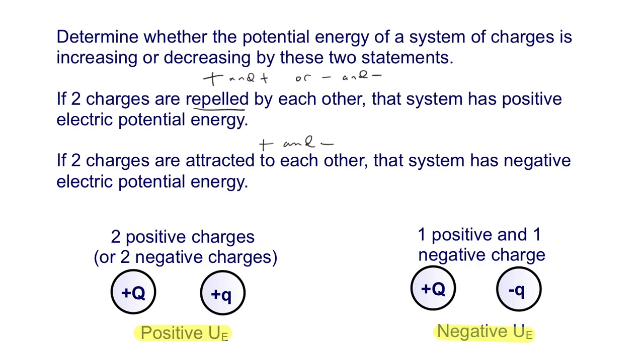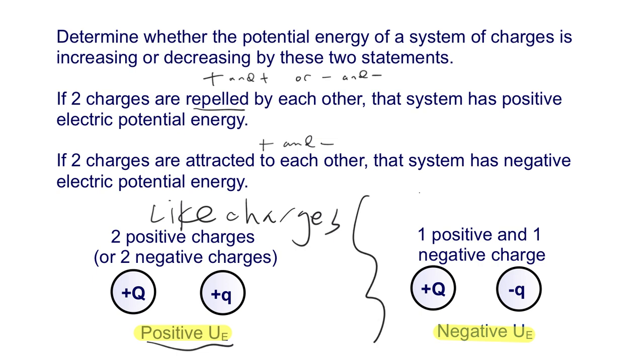So here's the concept, again repeated here, about the types of charges in a system and the sign of the electric potential energy of the system. If you have like charges, like I said before, that's positive electrical potential energy.